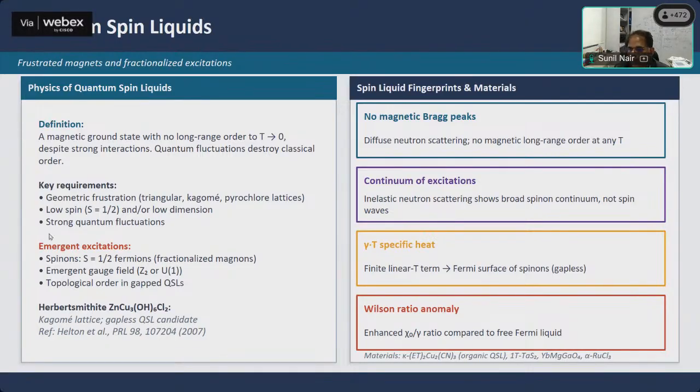What Anderson proposed was the existence of quasi-particles which held these two things separately. You could have a quasi-particle which only has the spin degree of freedom, called a spinon, and a quasi-particle which only has the charge degree of freedom, called a holon.